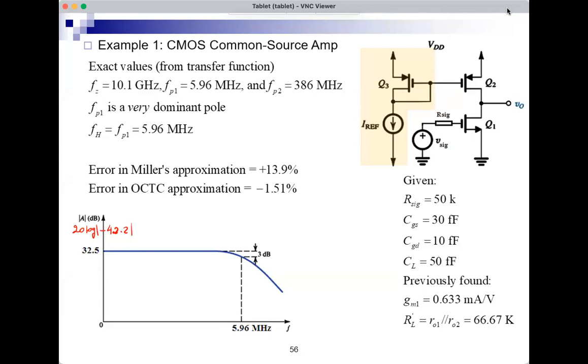But it involves more calculations, and it gives a smaller error. And of course, I can do much more calculations and find the exact values for the critical frequencies and the 3 dB frequency. So we always have these trade-offs between accuracy, error, and effort.